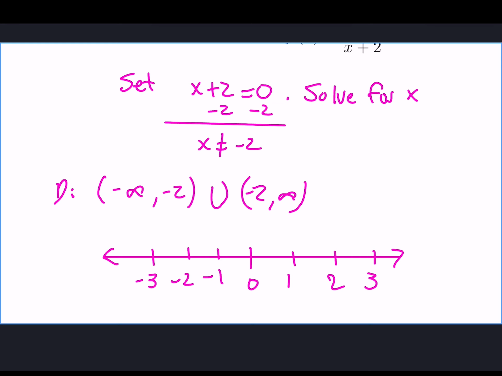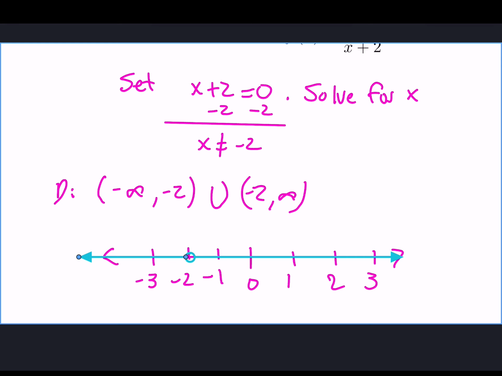Just the domain. Well, we know we'd have a hole at -2. We'd have an arrow that went to the right and an arrow that went to the left. So it's literally every real number except that one.